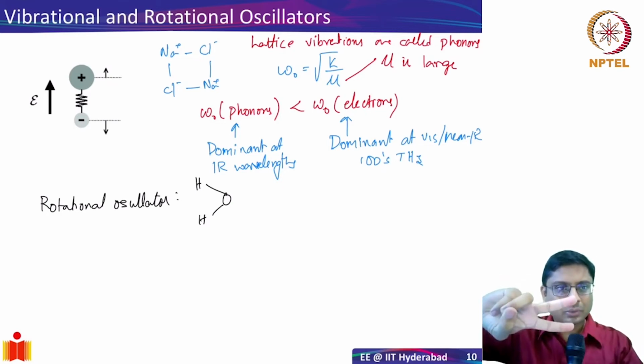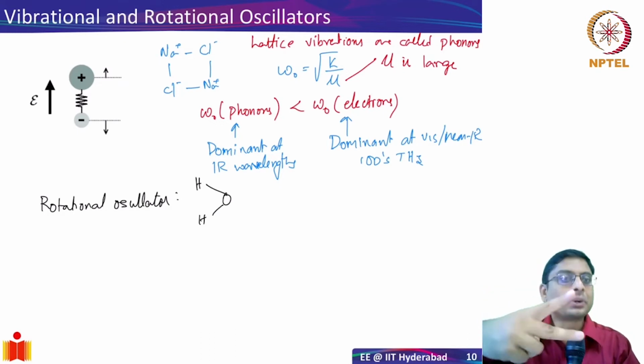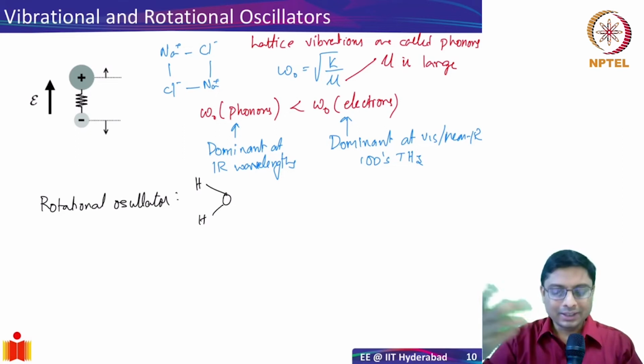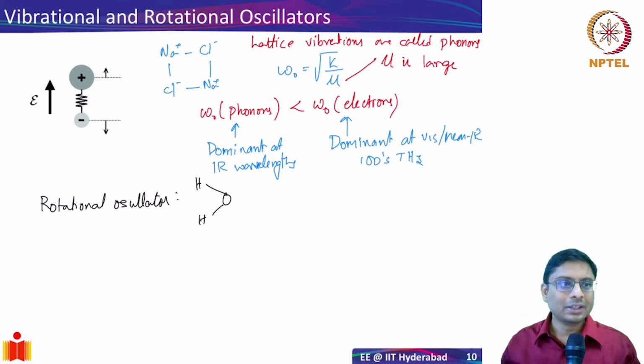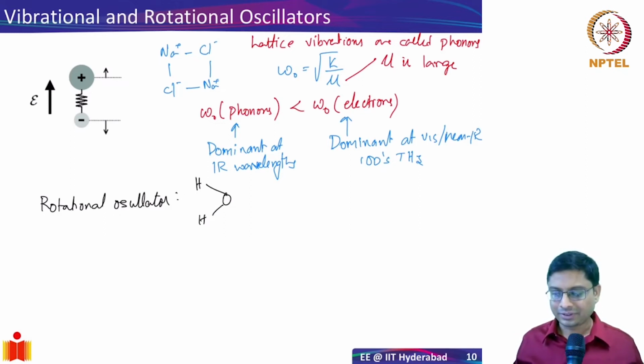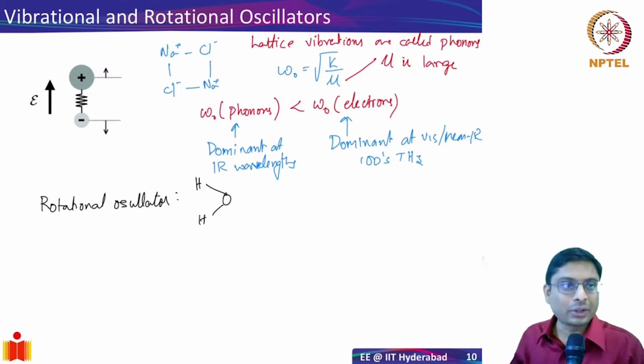Now, the molecule, if it's in a liquid form, it can rotate. It can just keep rotating, and that also is a kind of resonant response. Depending on the molecular weights, you will have a very characteristic resonant frequency. You see this all the time in your home also.